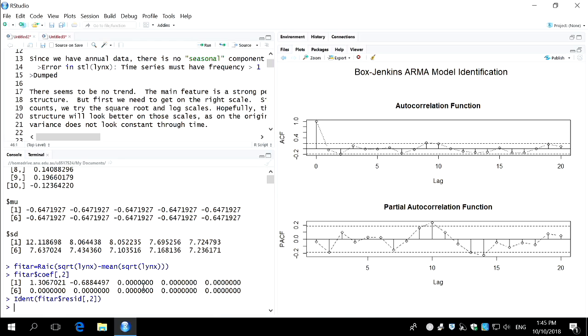So what we're looking for here is structure, and generally speaking, you don't want to over-interpret spikes that are close to the line, right? And again, we talked yesterday about why that is. There's that multiple testing problem. There's the issue that the bounds, the edges of the road, are based on large sample theory. And we never have really large samples. We've only got 114 data points here. So think of the edges of the road as being the road plus a bit of shoulder.